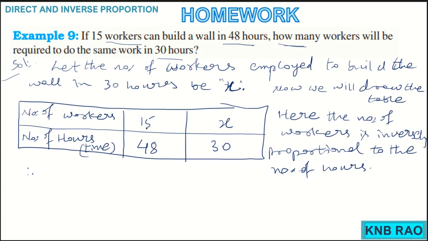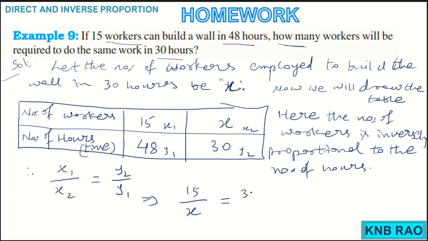Therefore, we will have x1 by x2 equals y2 by y1. Here x1 has corresponding value y1, x2 has corresponding value y2, and on substitution, 15 by x equals 30 by 48.